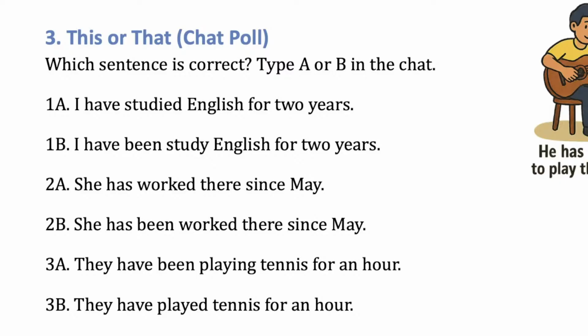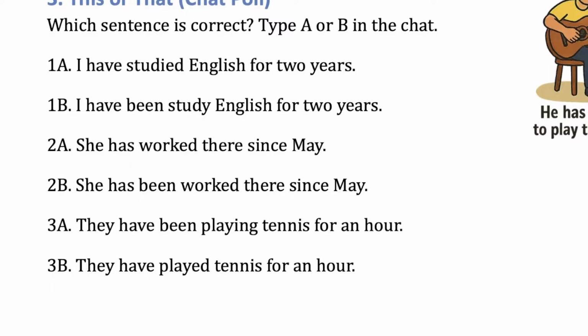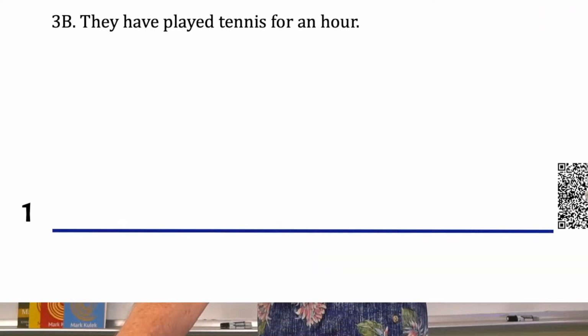Okay, number 3 is correct. 3A. They have been playing tennis for an hour. So 3 is A. Oh, I can't believe the mistakes.